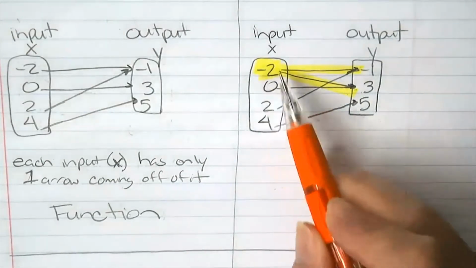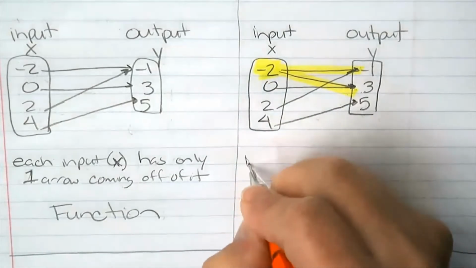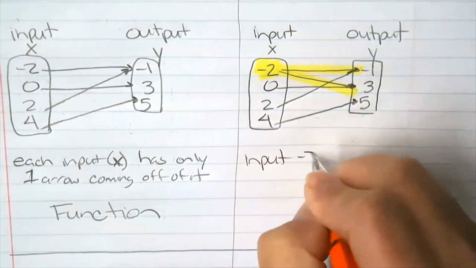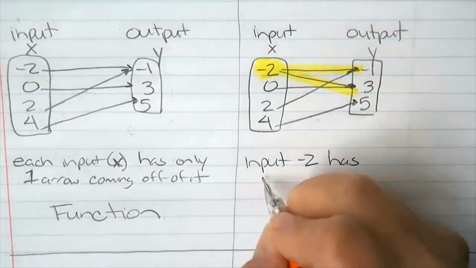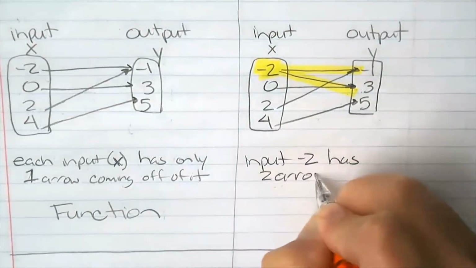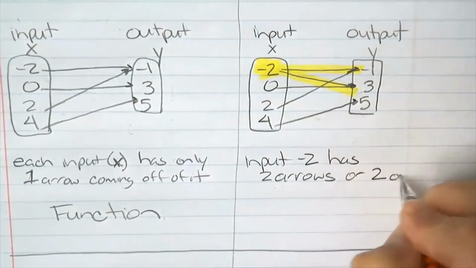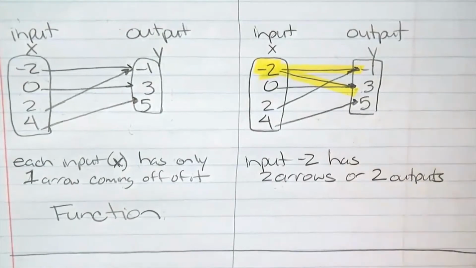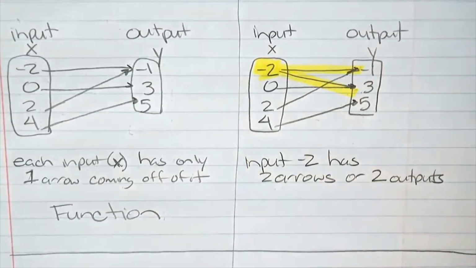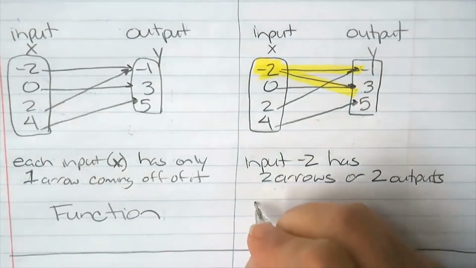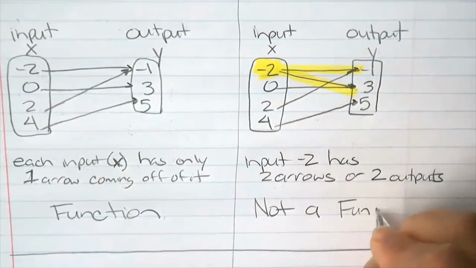So my input -2 has two arrows, or two outputs. So because -2 has two different outputs, this is not a function.